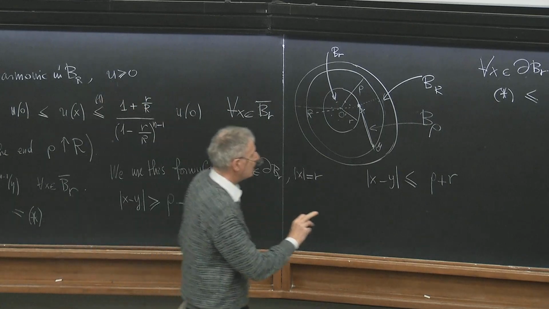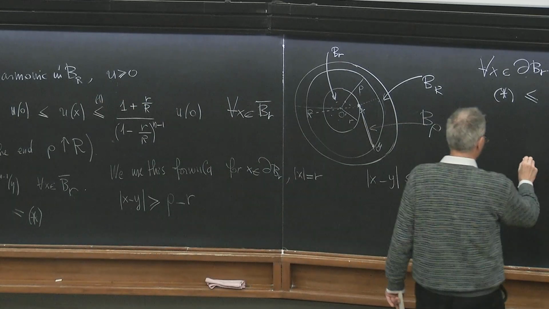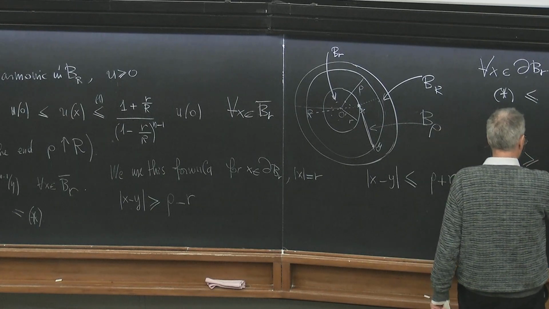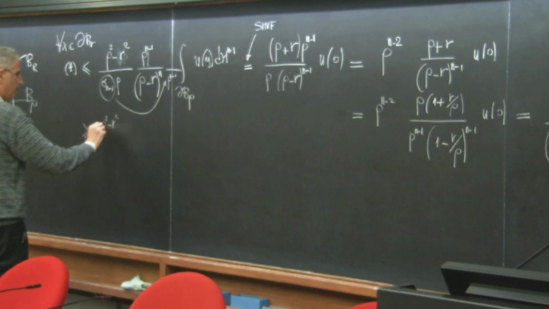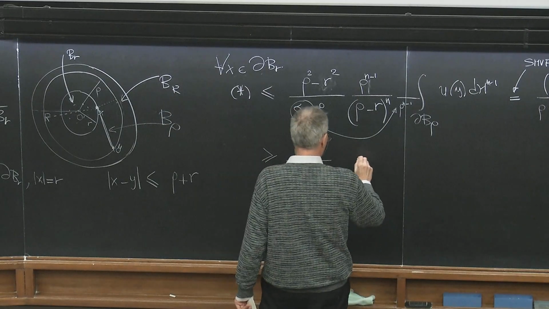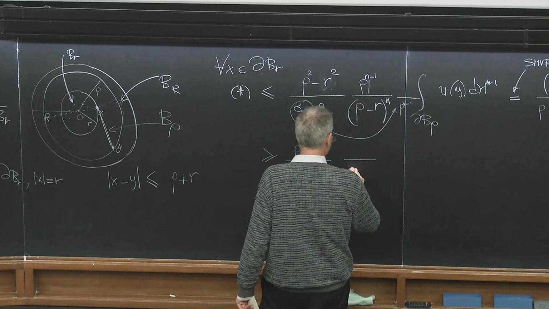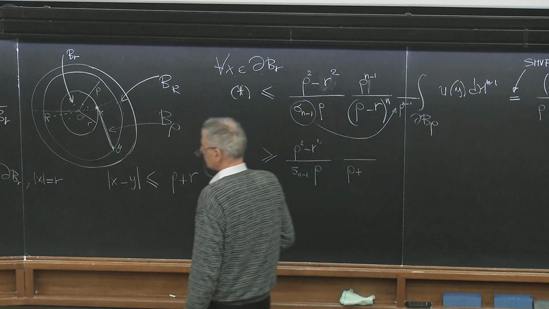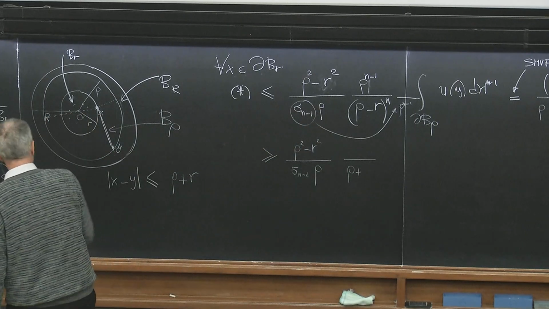So let's try to go quickly. What happens here? Well, we have larger or equal than rho square minus r square divided by sigma n minus 1 rho. Then we have 1 divided by rho plus r to the n, because we are using the other inequality.